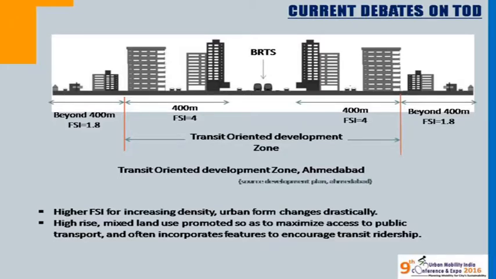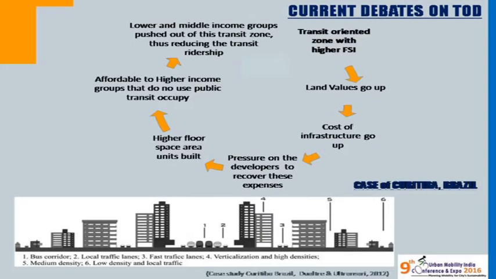But in actuality, if we take the case study of Curitiba, what happens is if a transit-oriented development zone has been given, the land values of that particular area go up. The cost of providing infrastructure to that area goes up even higher. So there is pressure on the developers to recover these expenses.